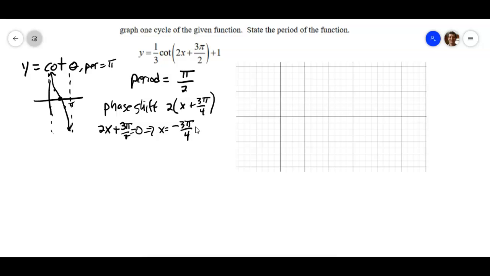Okay, now in comparing our period of pi halves, we need to know half of that, and then half of that as well. So I like to take the period and divide it by 4 so that I know how to set up my tick marks.